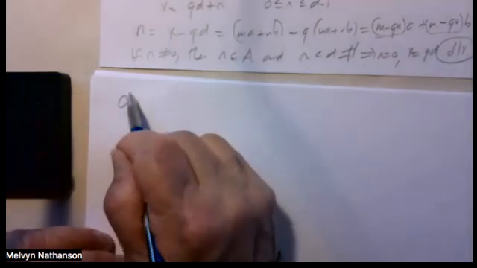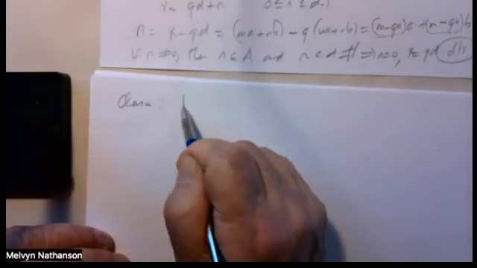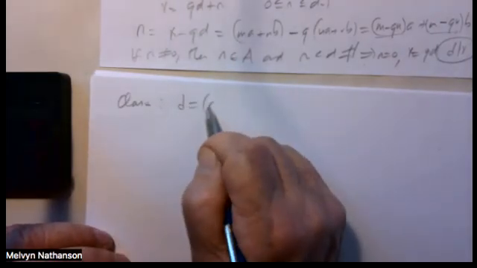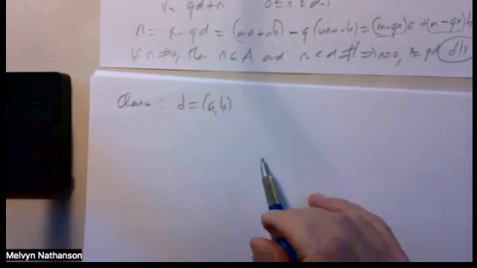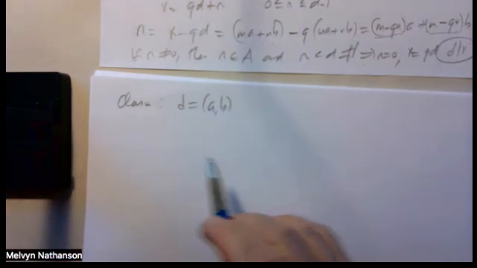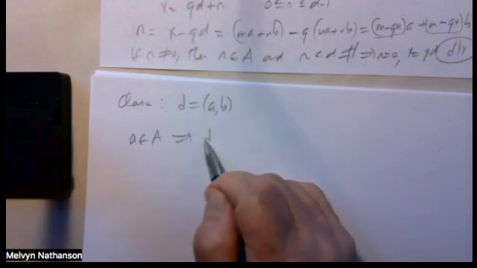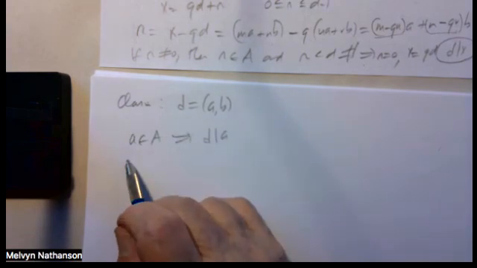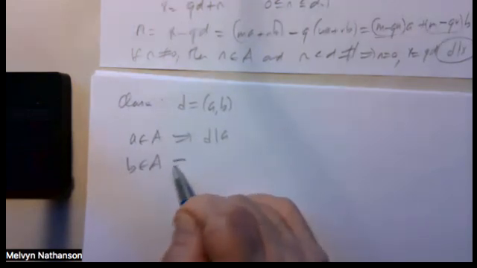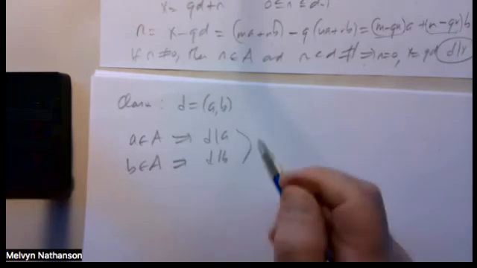I claim that this number D is in fact the greatest common divisor of a and b. Why is that? Well, a is in the set, so D divides a. b is in the set, so D divides b.